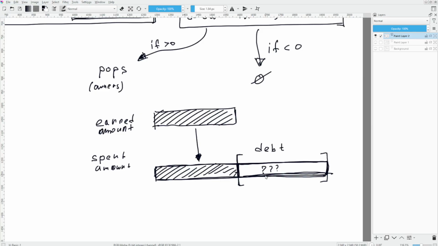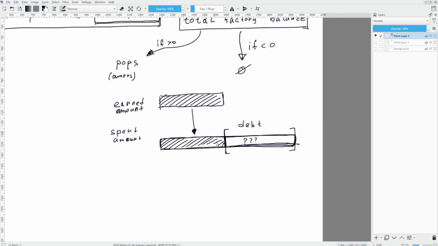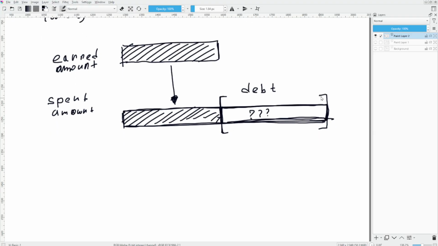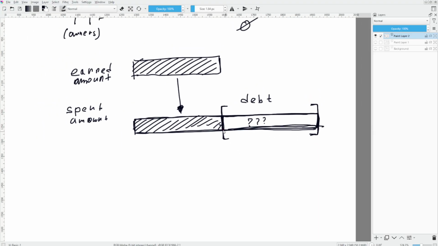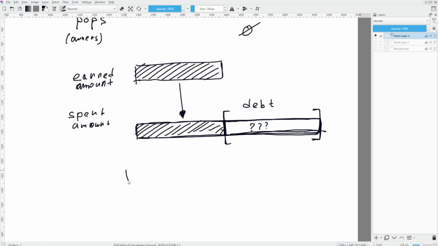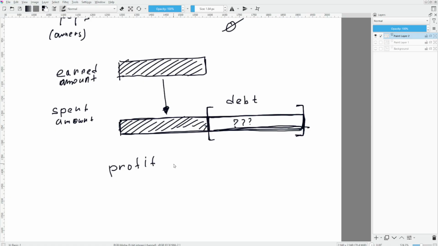It means we are not actually spending any money, but we promise that eventually this money will be paid. Or maybe they will not be paid, but it still will be tracked. It means that our total profit is essentially equal to minus debt in this case.